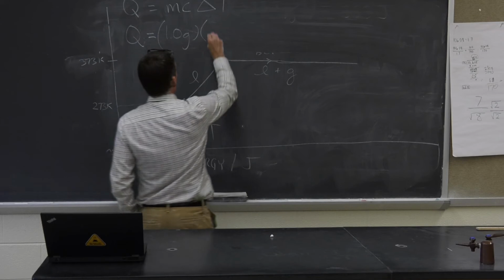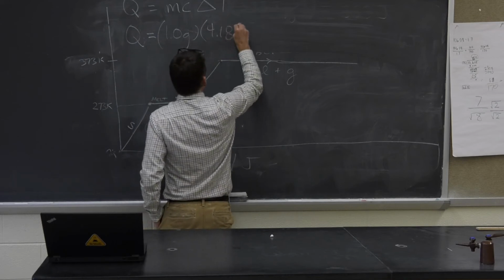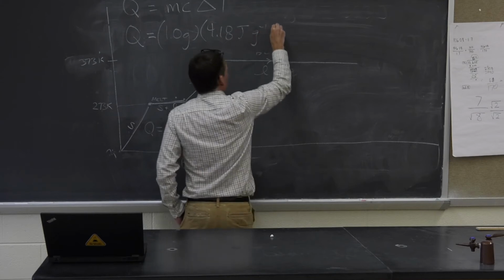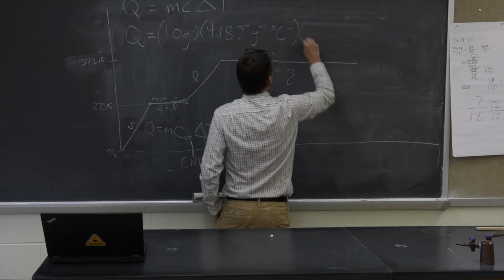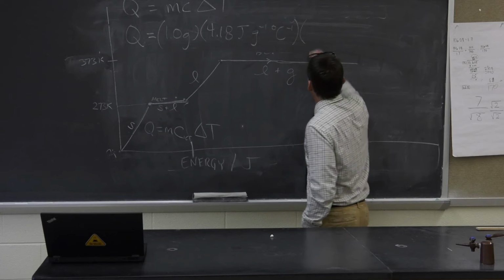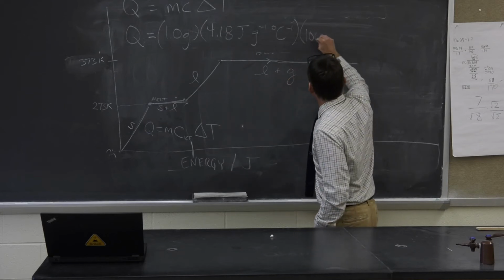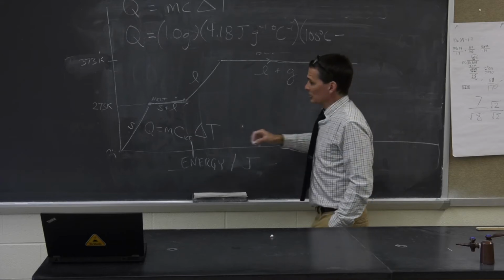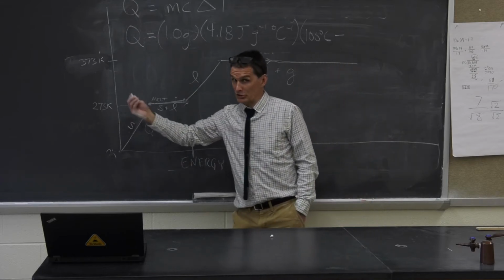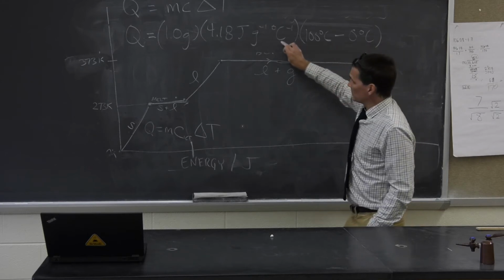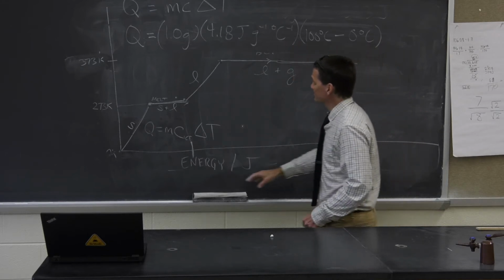We know what that is, 4.18 joules for every gram for every degree Celsius, times the change in temperature, which is 373 Kelvin, that's 100 degrees Celsius, minus 273 Kelvin, which is 0 degrees Celsius. I'm doing this conversion here so the units talk to each other.